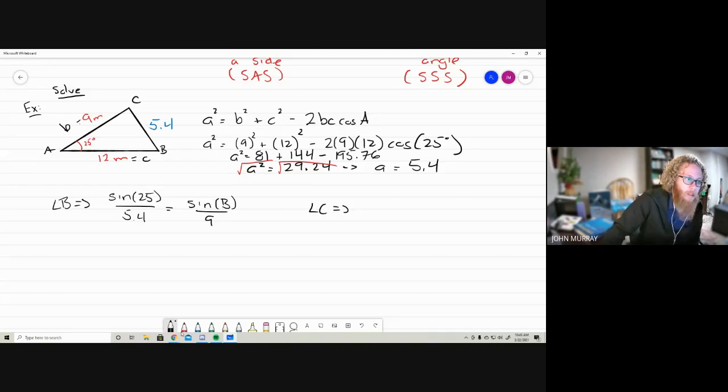For angle C, I'll do something similar: sine of 25 degrees over 5.4 equals the sine of C over 12. And I'd solve for those and find each one.